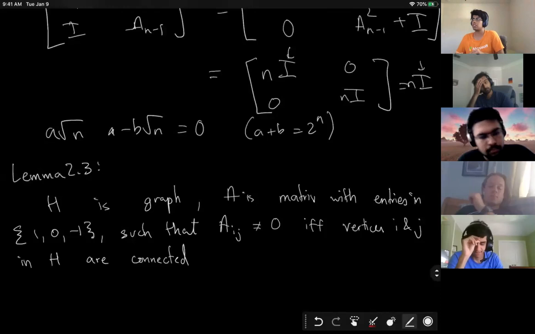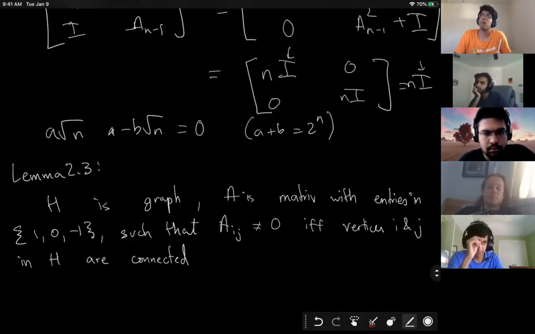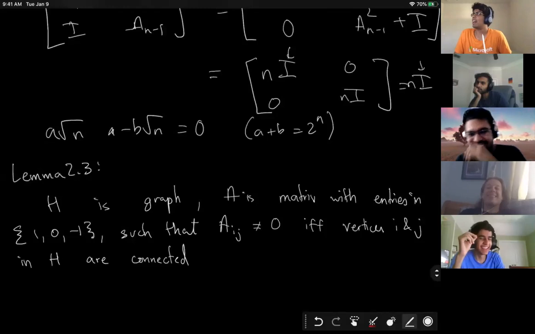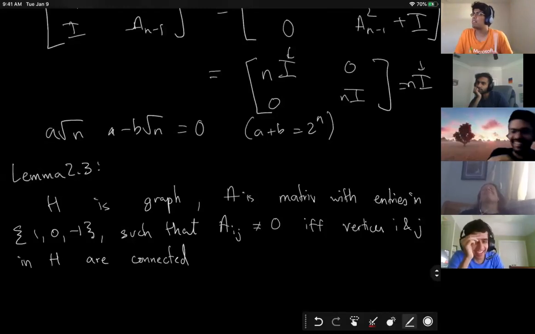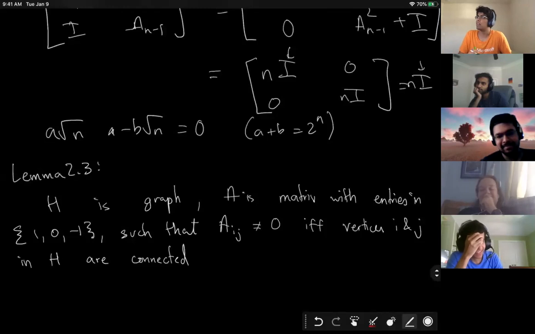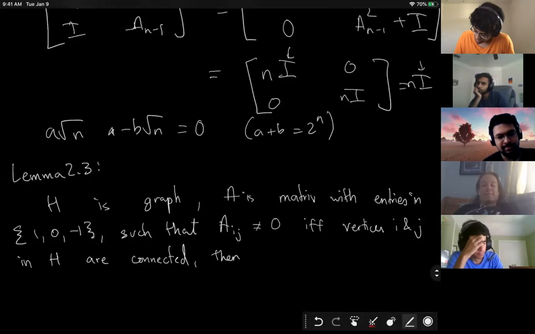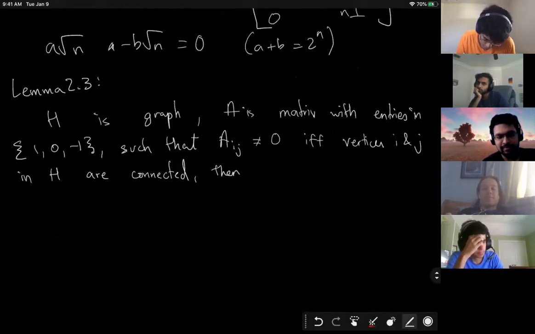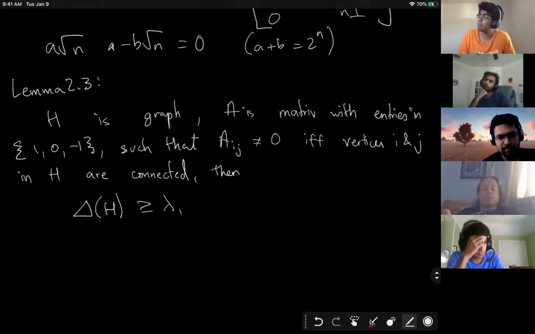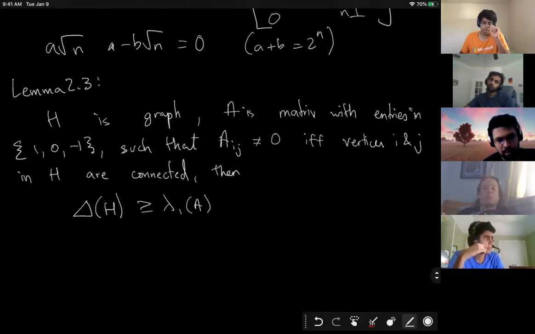The point is that if the vertices are not connected, you have to have a 0. Otherwise, you can have a 1 or a -1. If this is true, then the max degree of H is greater than or equal to λ1 of A. So λ1 is the largest eigenvalue of A. Delta is the max degree.